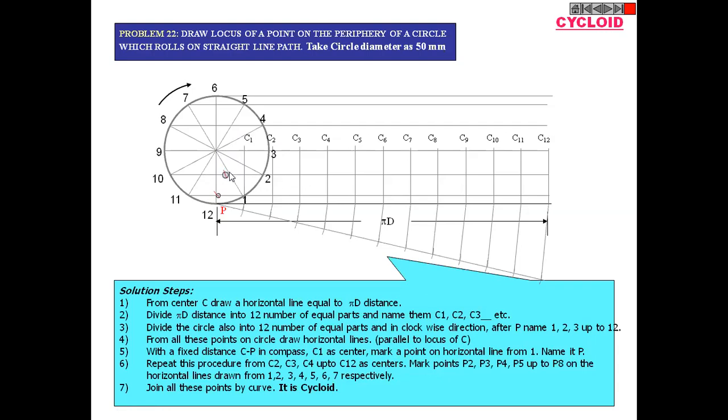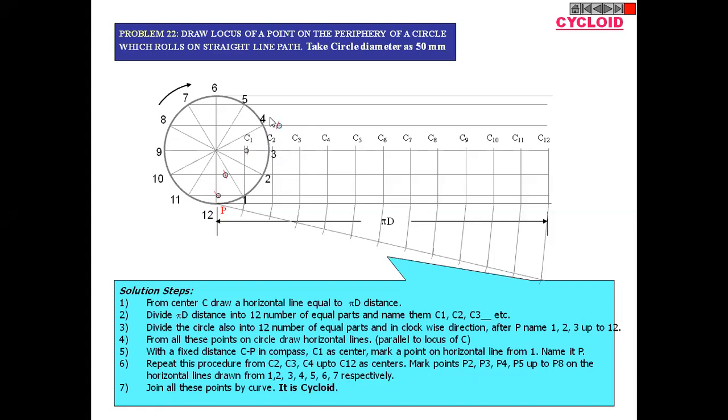So this is our point P2. In the same way, the circle moves again by 30 degrees, so the center shifts from C2 to C3. With the same radius, C3 as a center, draw an arc passing through point 3. With C4 as a center, draw an arc on the horizontal line passing through point 4.